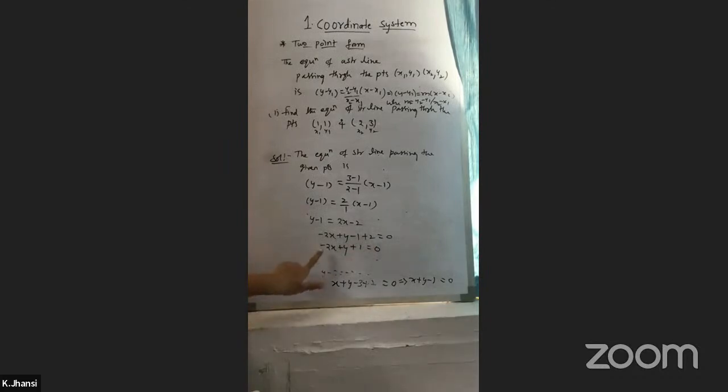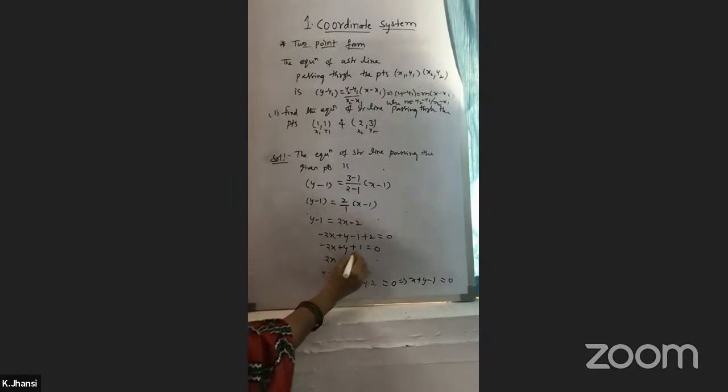Okay. So the first coefficient, the x coefficient, should not be a negative value. So you multiply this whole equation by minus. What will happen? This will become plus 2x, this will become minus y, and this is minus 1 equals 0. Okay. Whatever the x coefficient is, you don't keep it as a negative one, so you multiply it by minus.